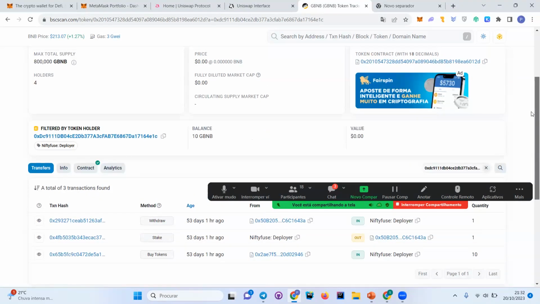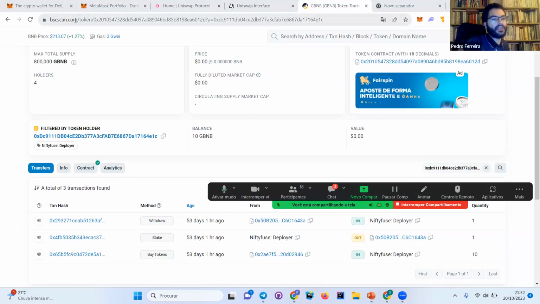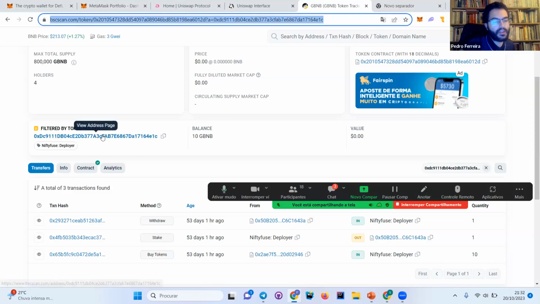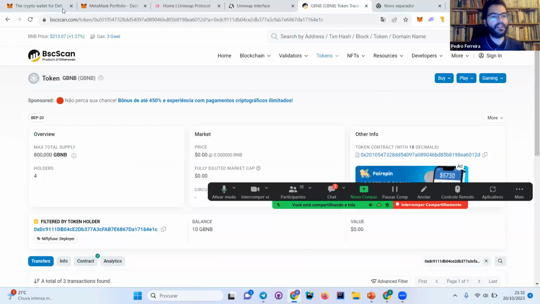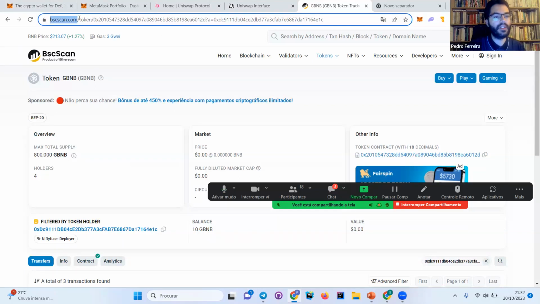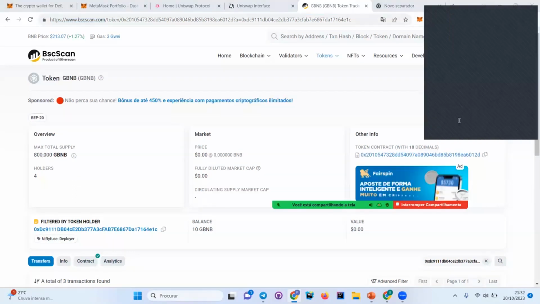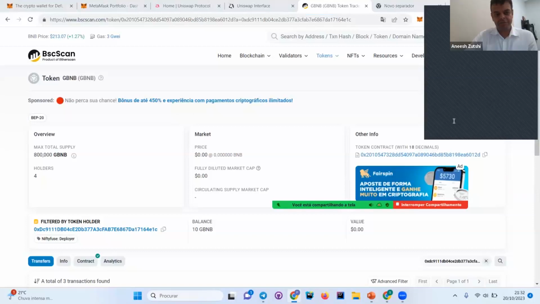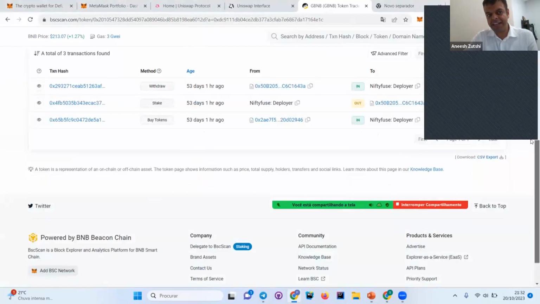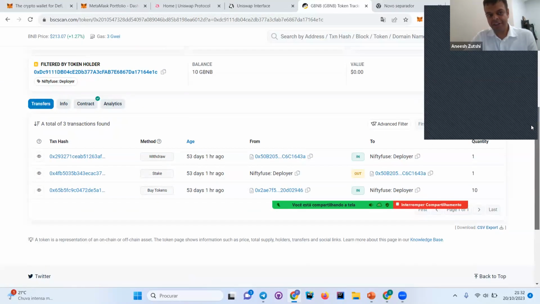May I ask, are those applications? These ones, this is an explorer, to see the token, how many tokens you have, etc. For example, in Binance Smart Chain, I can send you the link so you can explore by yourself. Basically, every blockchain has its own blockchain explorer.